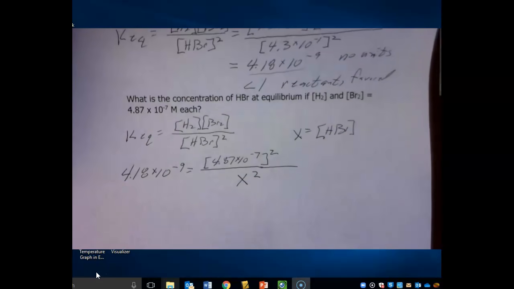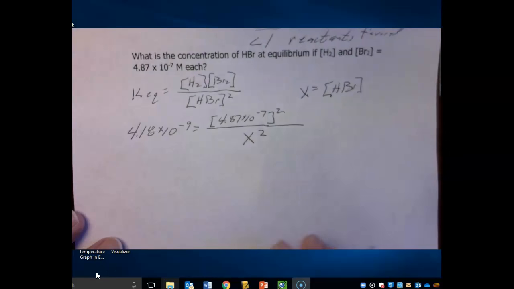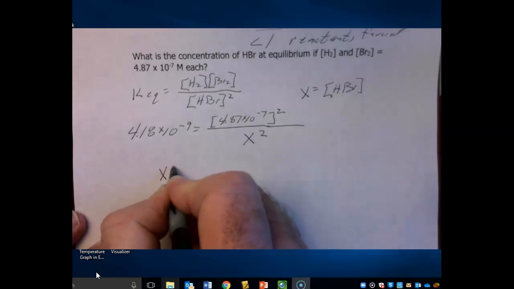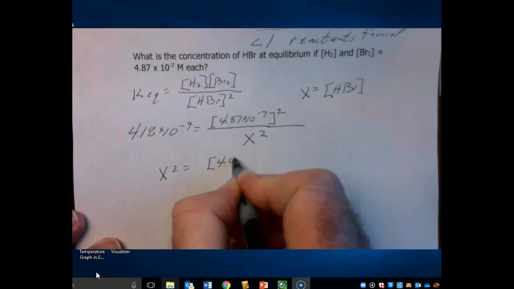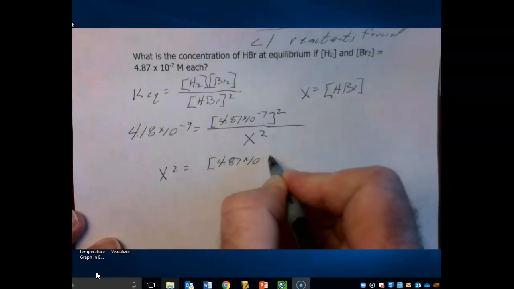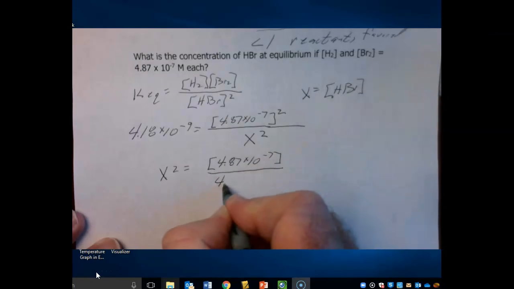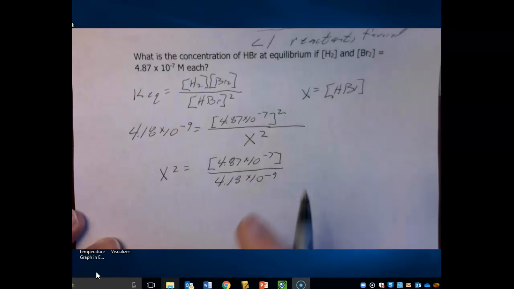Now we have to do a little bit of algebra. Here, x squared is equal to the concentration 4.87 times 10 to the minus 7 over 4.18 times 10 to the minus 9th.